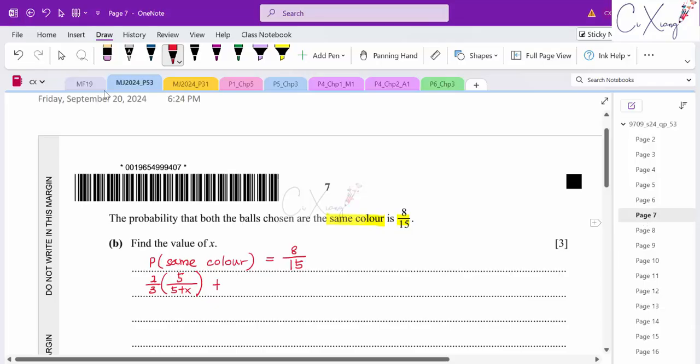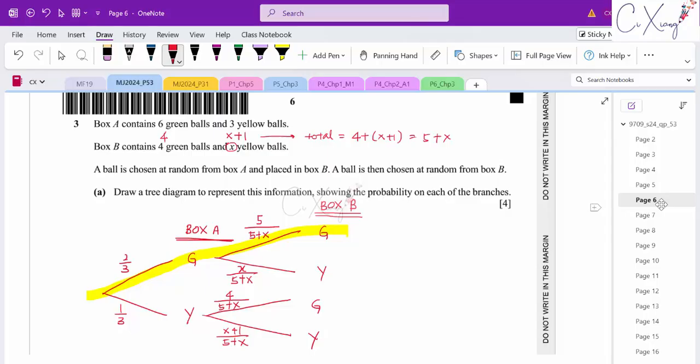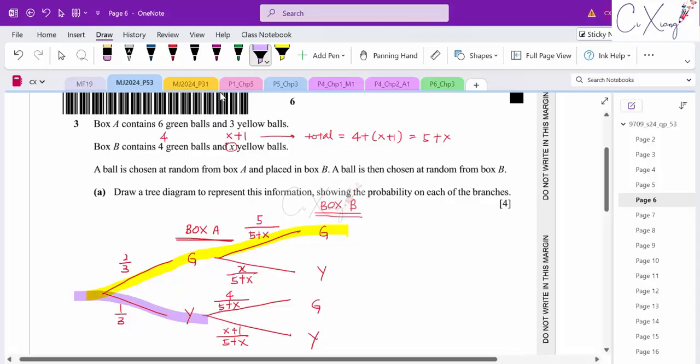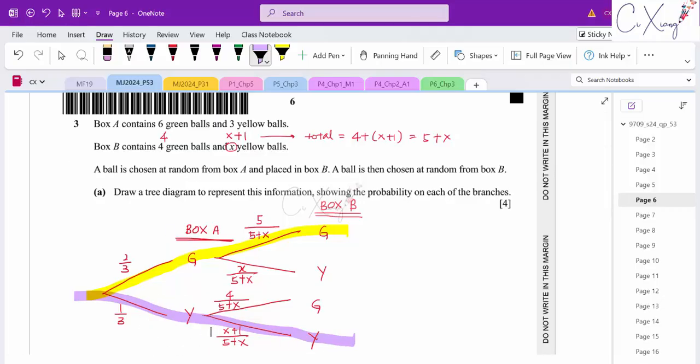Then plus, I have another possible case where the two balls that I select are the same color. It is possible also that both balls that I selected are yellow. This is another pathway, also the same color: yellow and yellow.